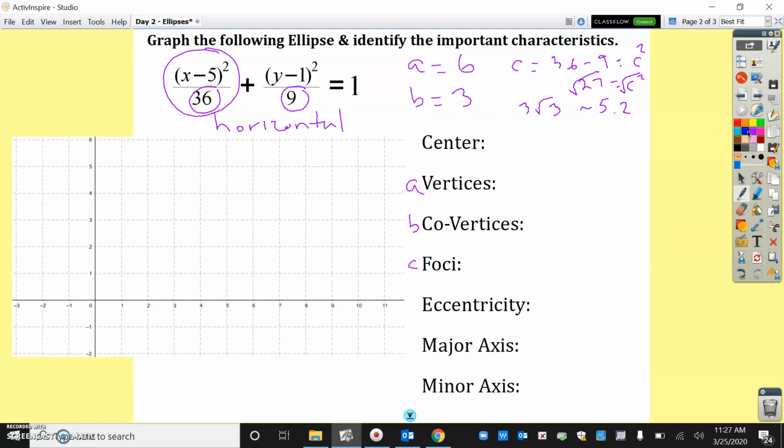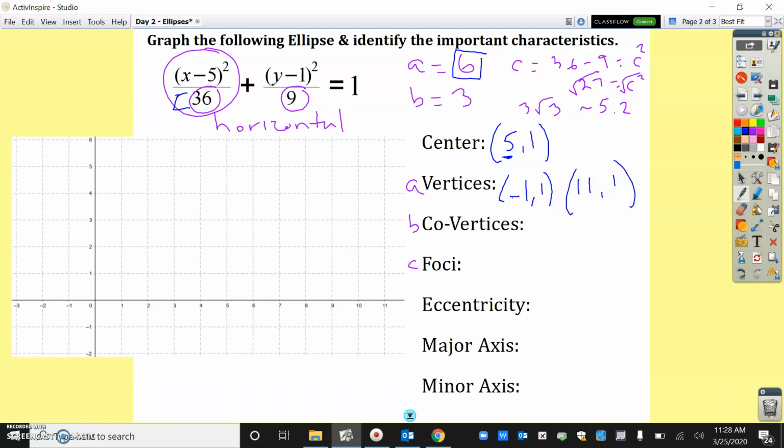Next up is the center. Just like circles, make sure you change the sign. So it's 5, positive 1. For the vertices, since the A squared is underneath the X, the A is going to affect the X value of the center. So we take this 6 and add and subtract it to 5. 5 minus 6 is negative 1, and 5 plus 6 is 11.